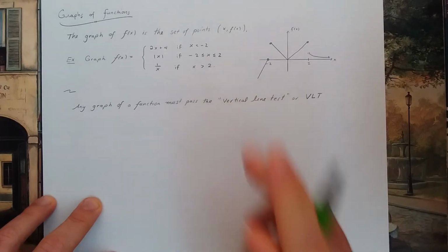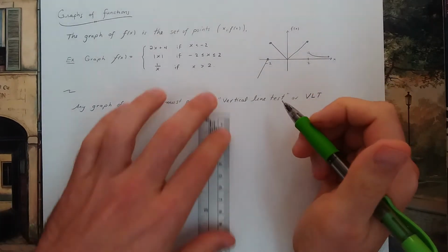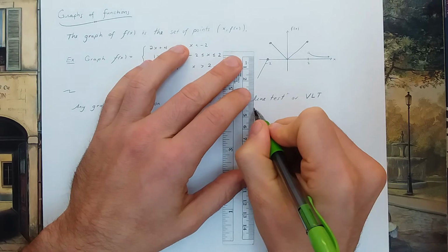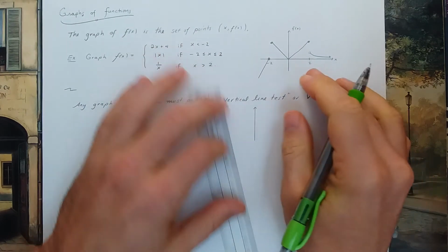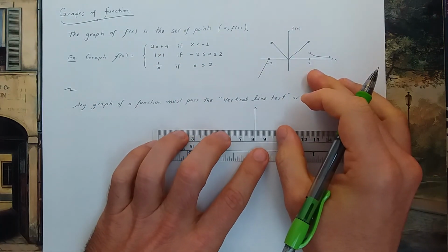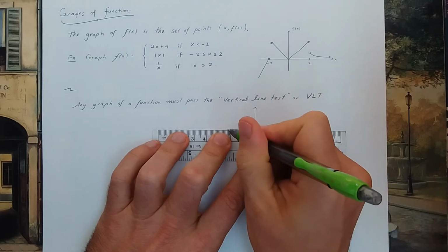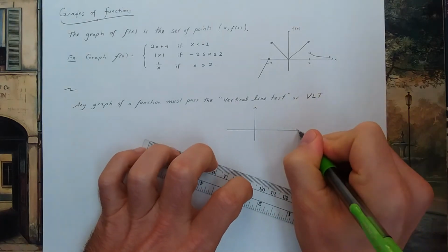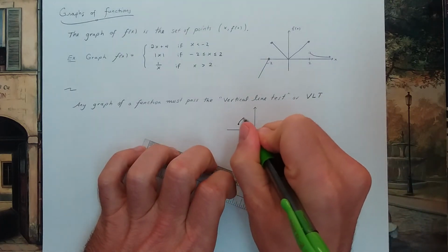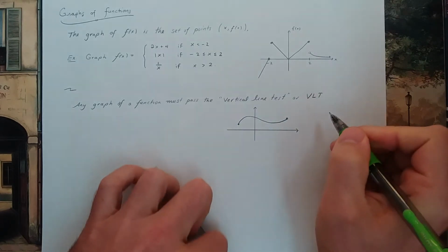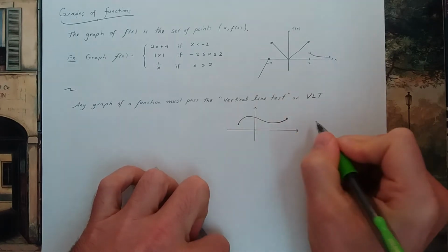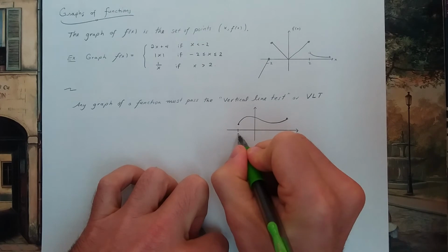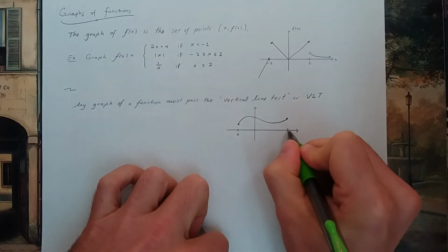What this means is if you drew the graph of a function, that function can only intersect any vertical line at most one time. So here is an arbitrary depiction of a function that has domain all numbers from A to B.